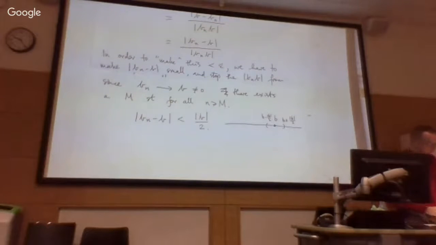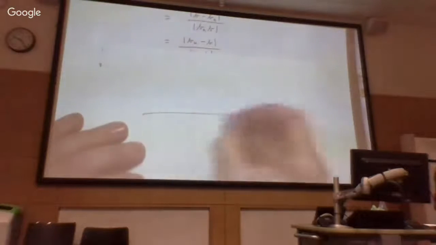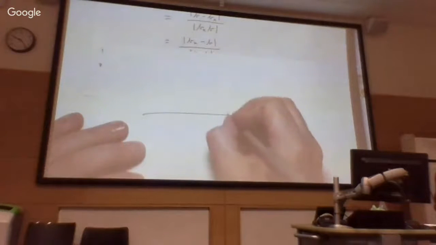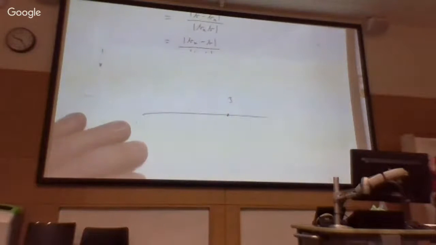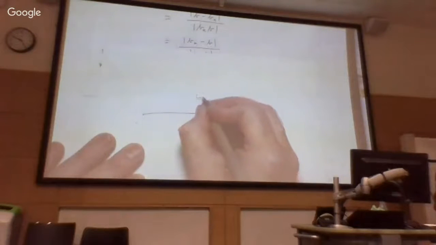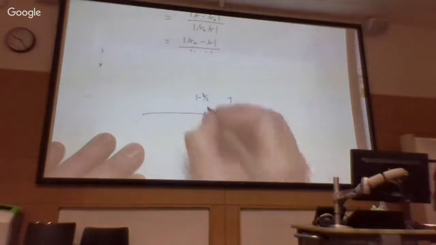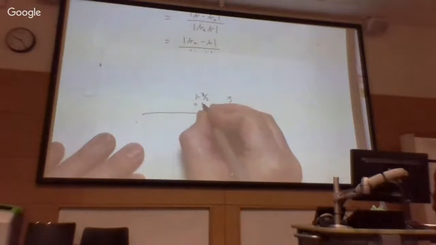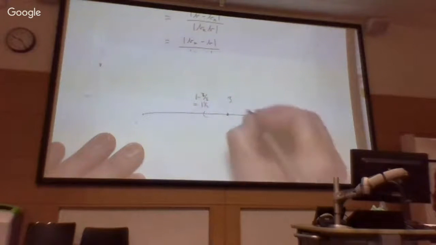Let's use an actual number. If I choose the point 3 and the radius 1.5, the lower value here will be 3 minus 3 over 2, 3 minus 1.5, which is 1.5, and the top limit will be 4.5.